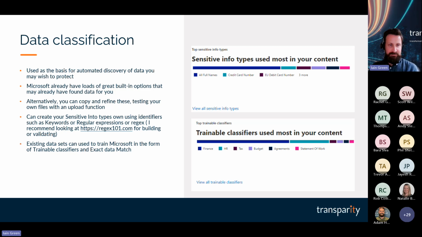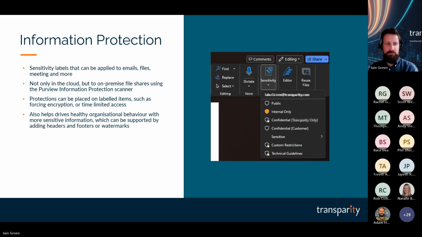So that's how we find information, but we haven't actually done anything with that, which is where information protection comes in. So we've gone and found information as per the sensitive info type or the exact data match that you've set up previously, but that doesn't apply any protections or any notification to the end users.